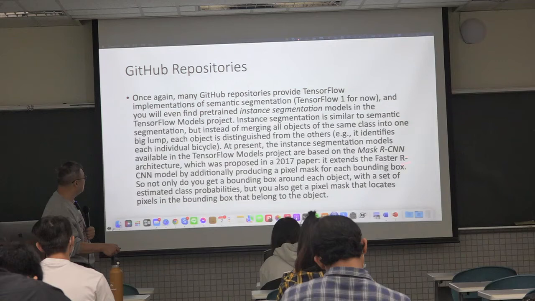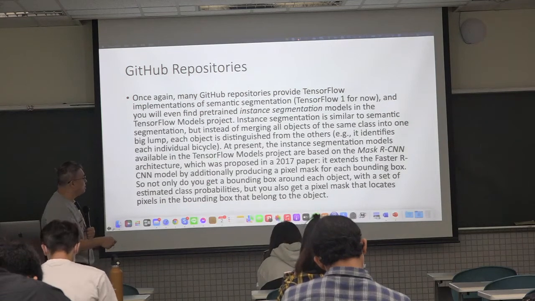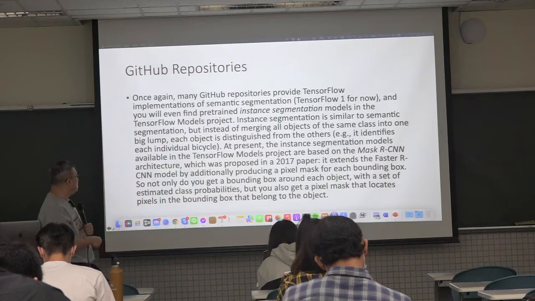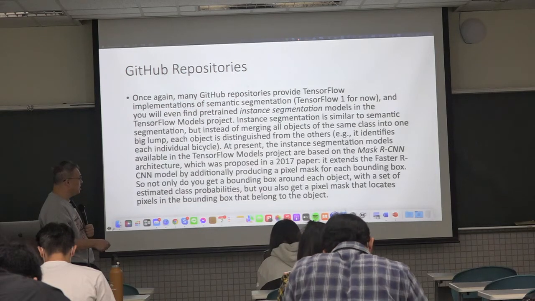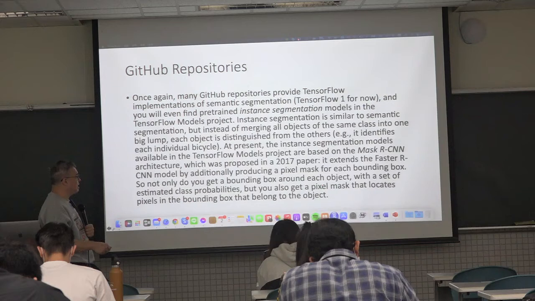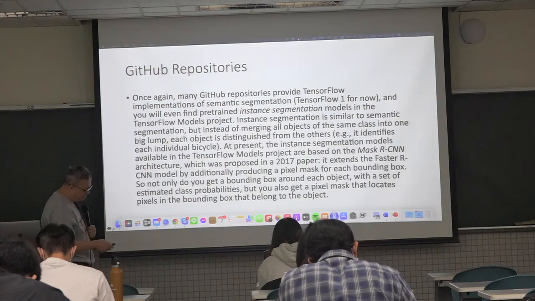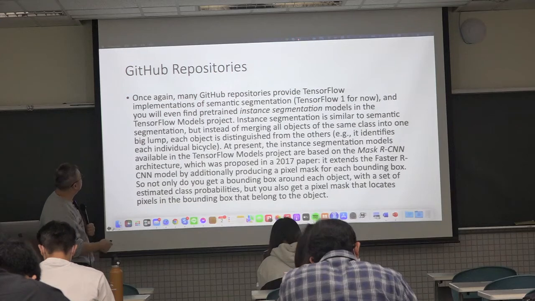It extends the Faster R-CNN model by additionally producing a pixel mask for each bounding box. So not only do you get a bounding box around each object with a set of estimated class probabilities, but you also get a pixel mask that locates the pixels in the bounding box that belong to that object. We don't have a picture in this slide for you, but you get an idea.